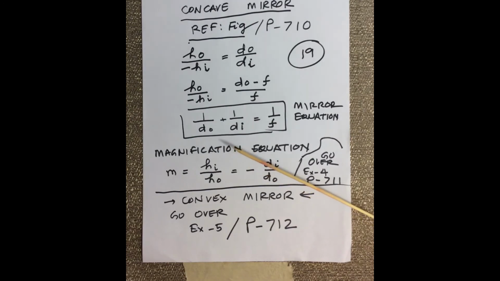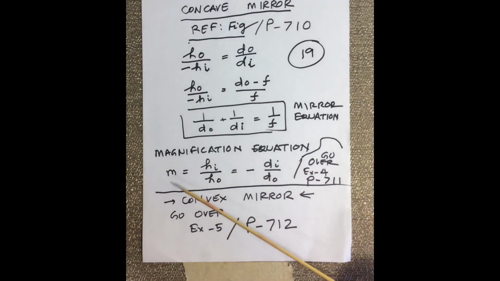And again, rewriting, you get another equation which is the same: H0 over negative Hi equals D0 minus F divided by Di, and Di replaced by F. So finally the mirror equation comes to be 1 over D0 plus 1 over Di equals 1 over F. That is the mirror equation, which is very important to solve problems.